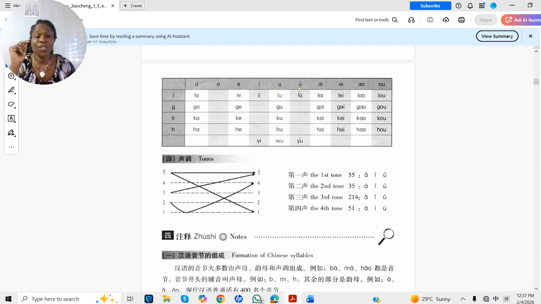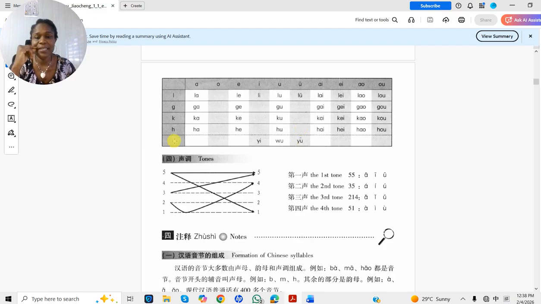The U, I told you last time, this is U with a double dot. If you're going to type it with your system, you use V instead of U because it sounds like U, so it's not the same as the normal U. Even though it has the U, if you know English phonetics, it's something close to that.